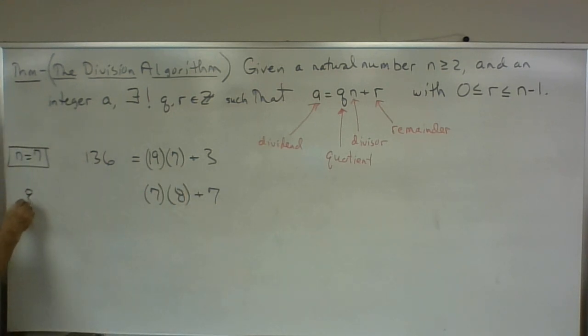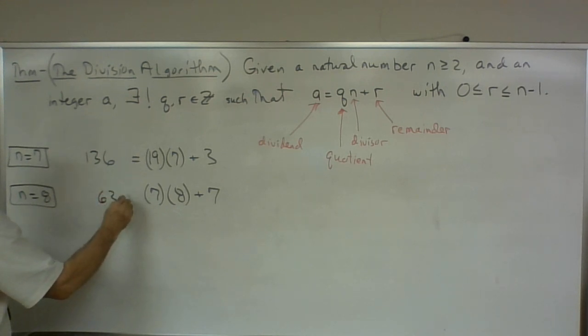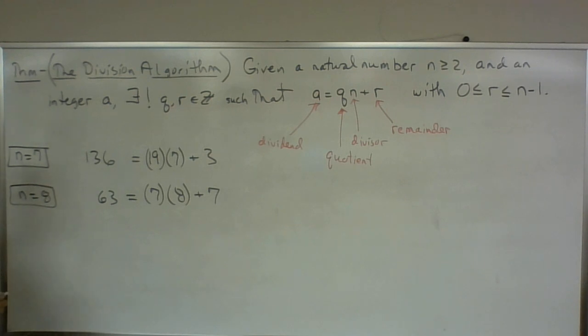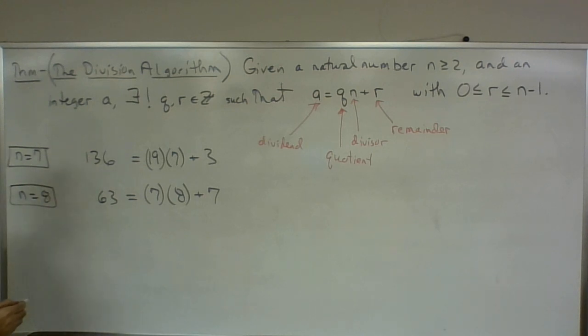And down here, our divisor is 8. And what did we have? 63, I think that's what it was. So 63 is 7 times 8 plus a remainder of 7.